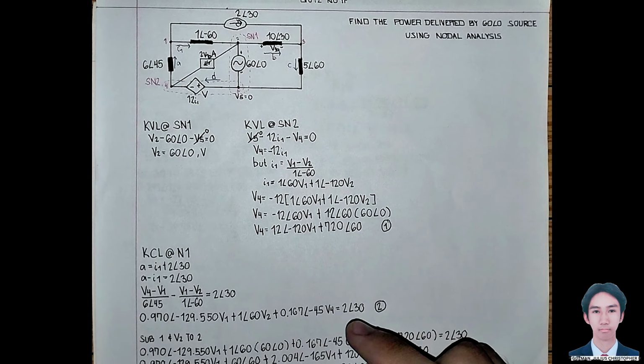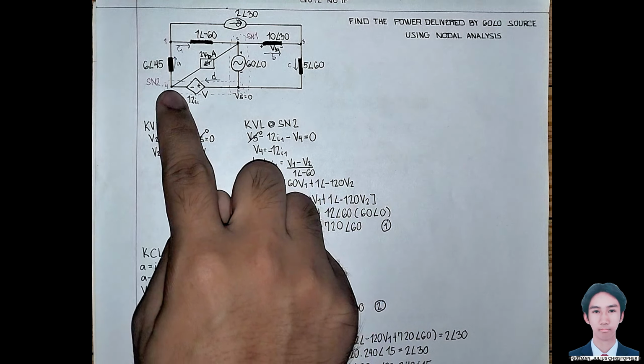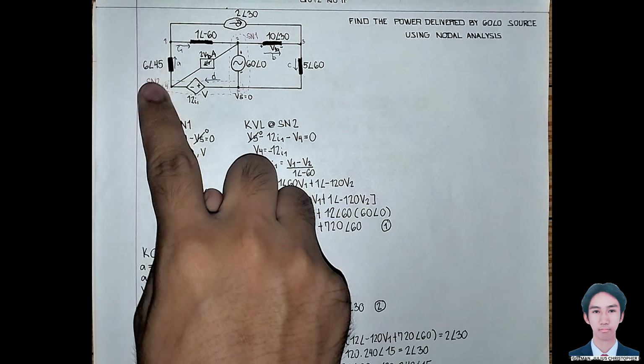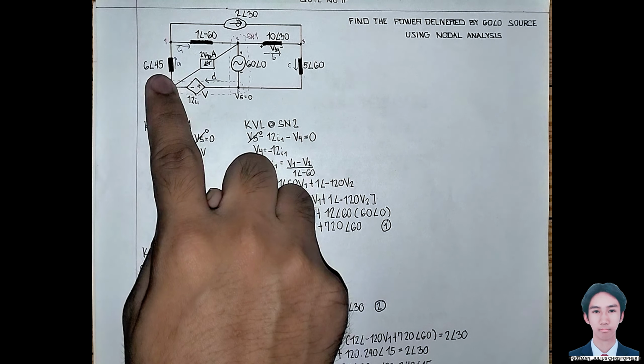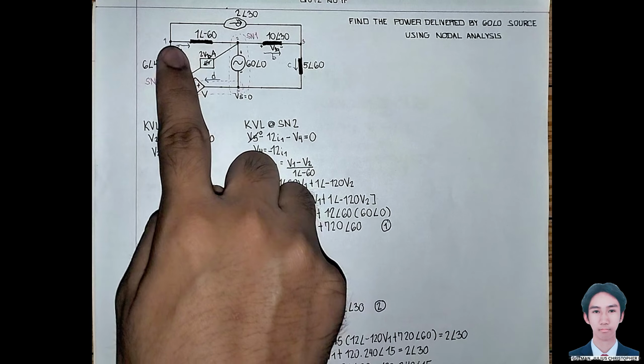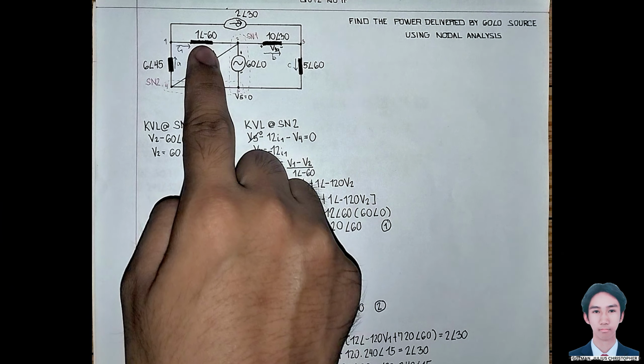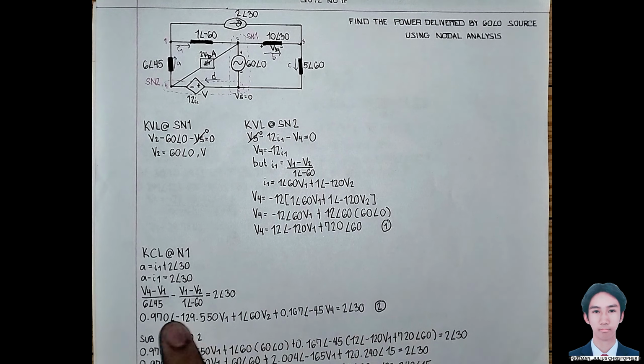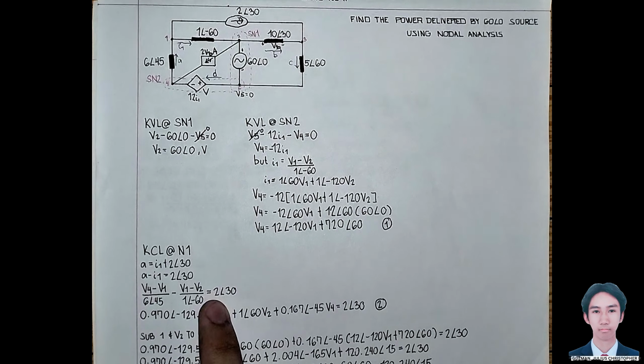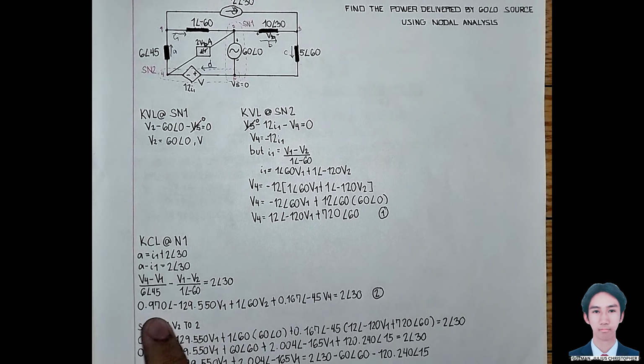And as you noticed, A is equal to V4 minus V1 all over the impedance 6∠45°, and I1 is V1 minus V2 all over the impedance 1∠-60°. By simplifying, this is our second equation.